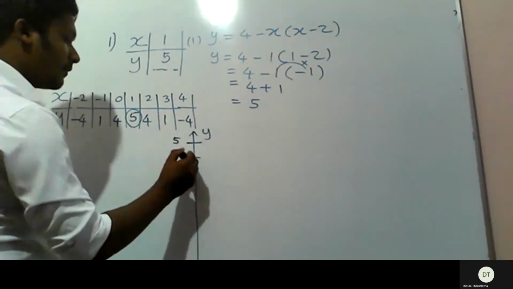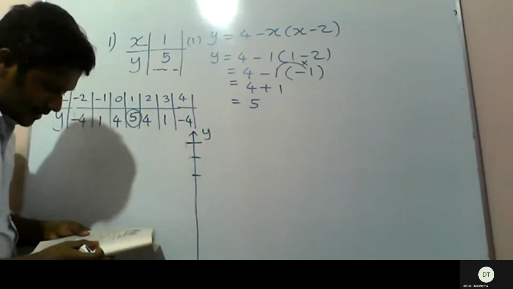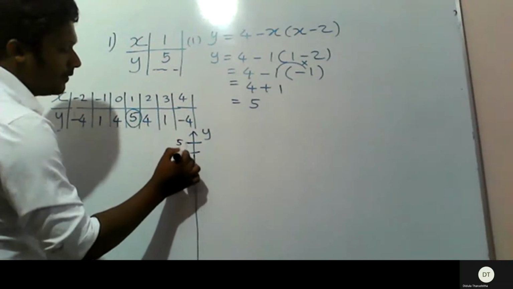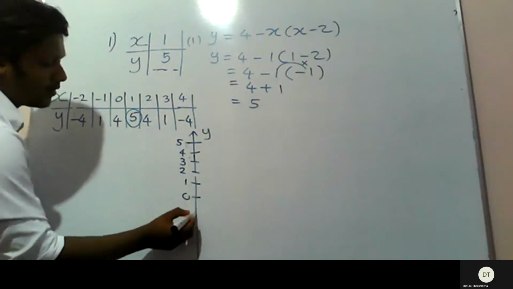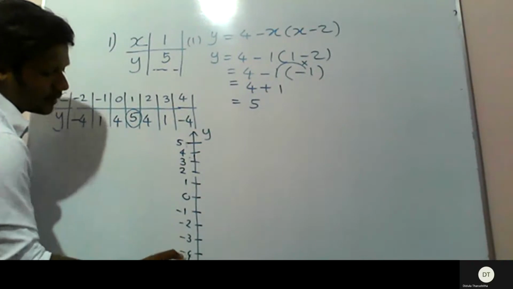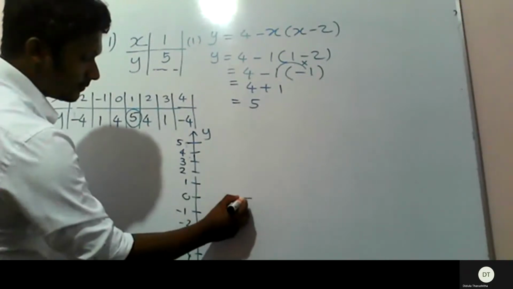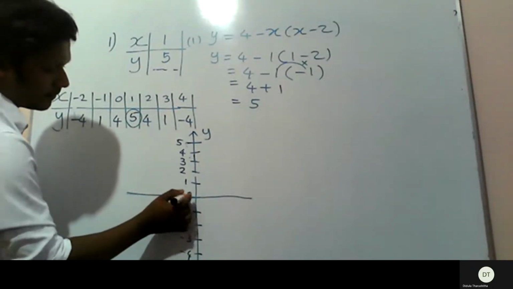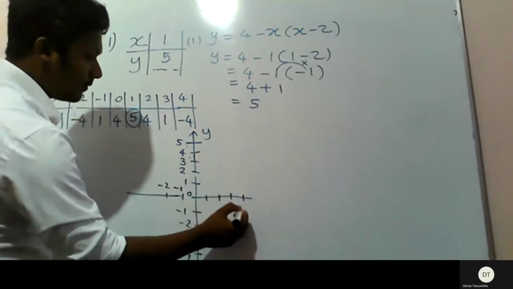Then 5, 4, 3, 2 we can write up, 10 small divisions as 1 unit, right? 5, 4, 3, 2, 1, 0, -1, -2, -3, -4. The x values are from -2 to +4: -2, -1, 0, 1, 2, 3, 4.